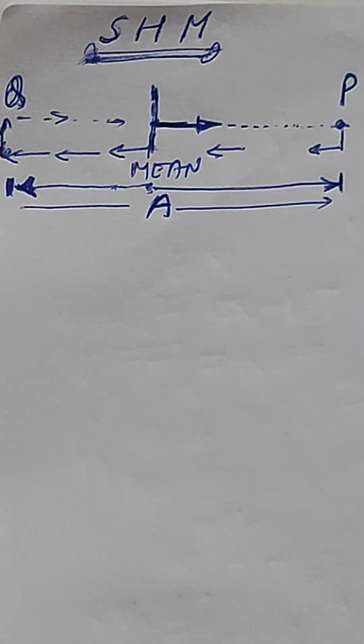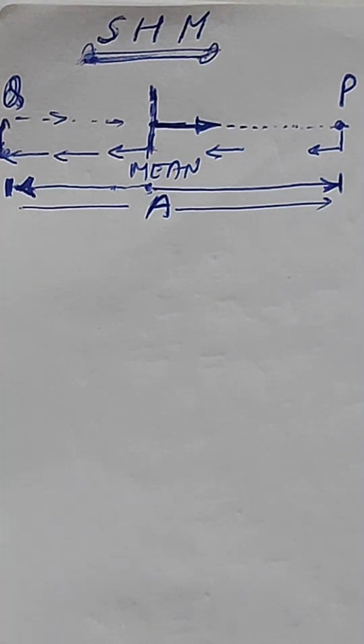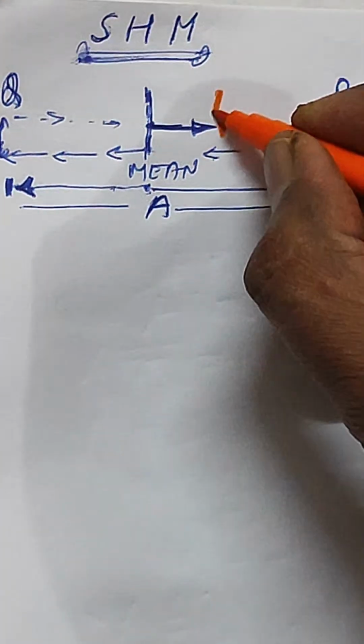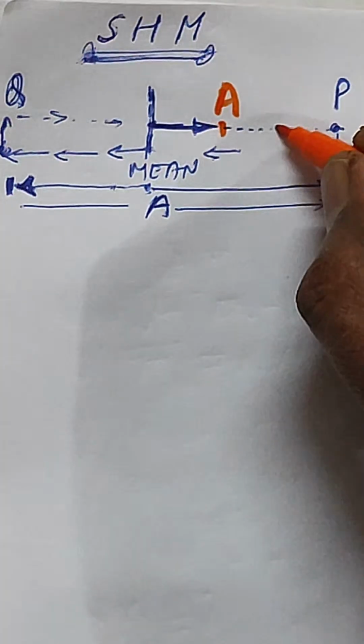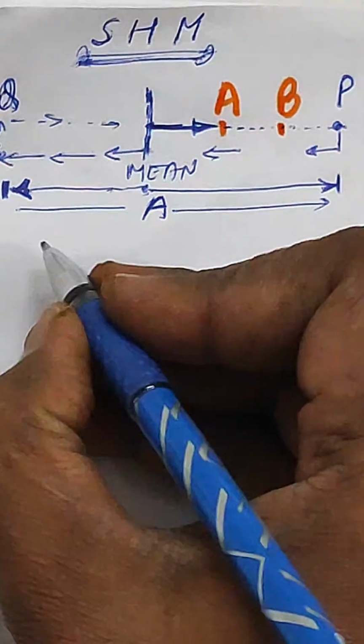The question to us is that a particle executes SHM in a straight line such that in two of its positions the velocities are u and v. So let us say two positions are there. Let us mark it here, maybe A and here maybe B, any positions in between its path.